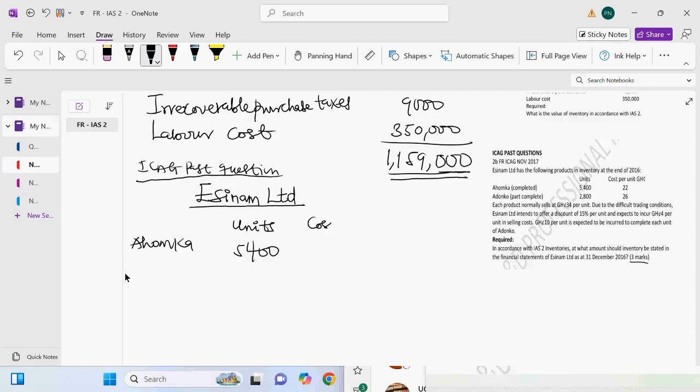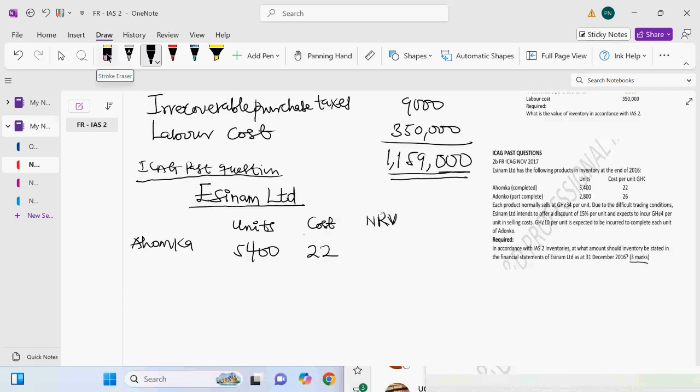Then the cost per unit is also 22, right? So now what will be our net realizable value? What is the formula for net realizable value? The selling price minus the cost of completion.